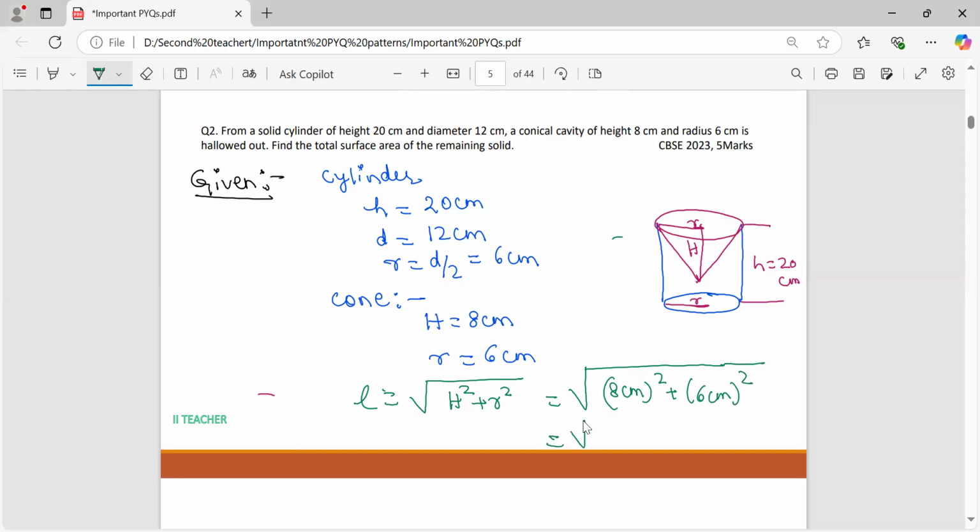That is equal to under root of 100 centimeter square if you solve, and that is equal to 10 centimeter. That is the slant height of the cone. This is my slant height of the cone. And this h is nothing but the height of the cone.